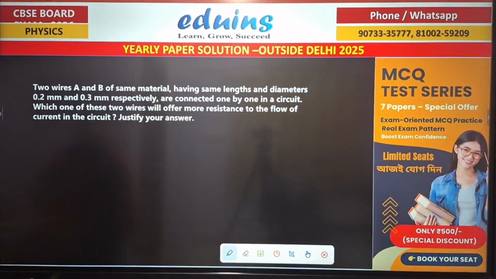Now, two wires A and B of the same material having the same lengths and diameters 0.2 millimeter and 0.3 millimeter respectively are connected one by one in a circuit. Which one of these two wires will offer more resistance to the flow of current in the circuit? We have to justify our answer. So, what will be the answer? Anyone?